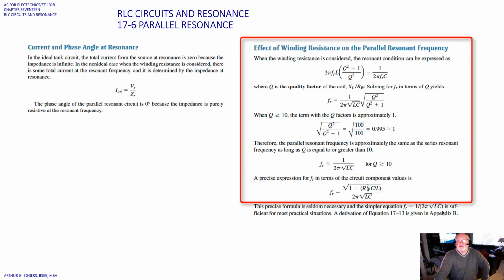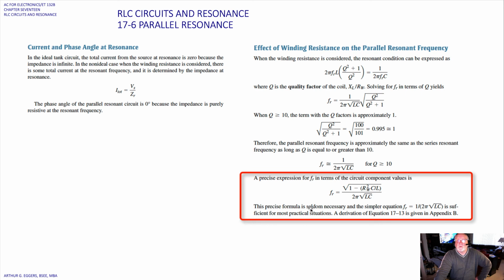A precise expression for the resonant frequency in terms of the circuit component values is this one, and you can see we've stuffed everything into this relationship. We've got the winding resistance squared, we've got the capacitance, we've got the inductance, and we've got the familiar term in the denominator.